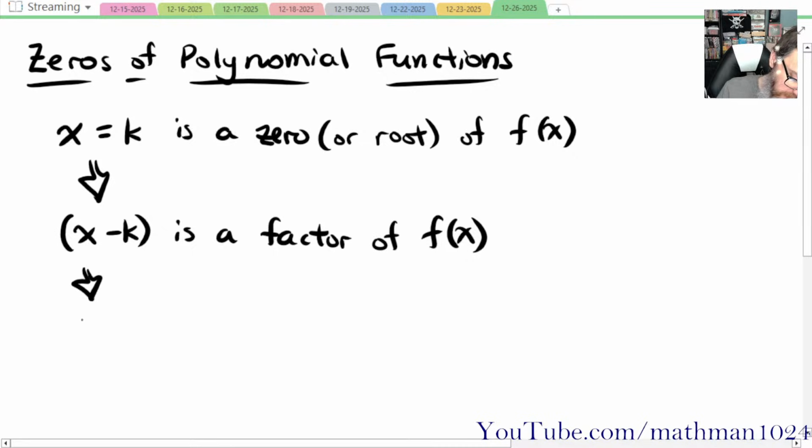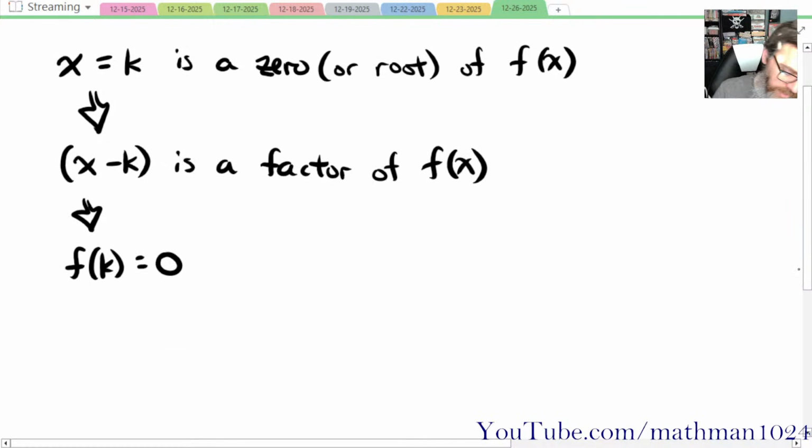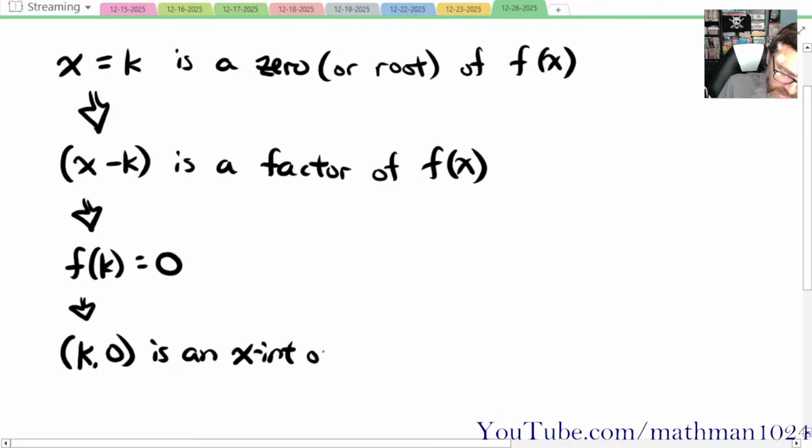It means that f of k equals 0, hence it being a 0 or a root. And it means that k comma 0 is an x-intercept for your function if k is a real number.